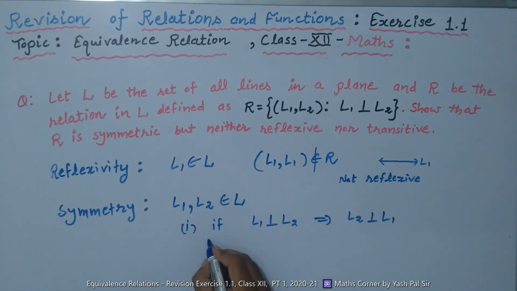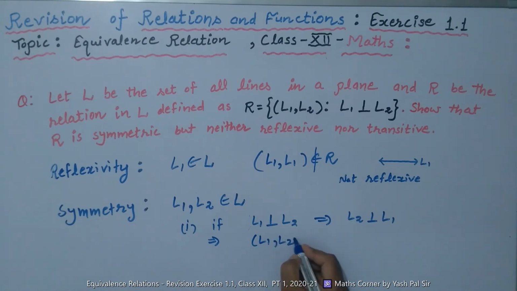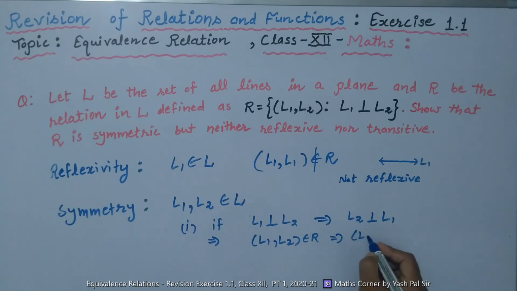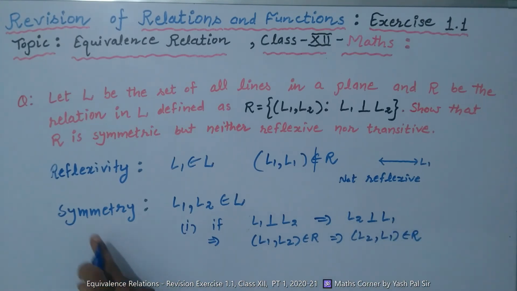So what it means, (L1, L2) belongs to R implies (L2, L1) also belongs to R. So yes, this relation is symmetric.